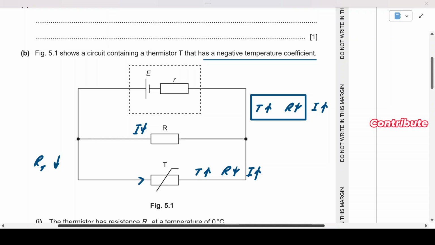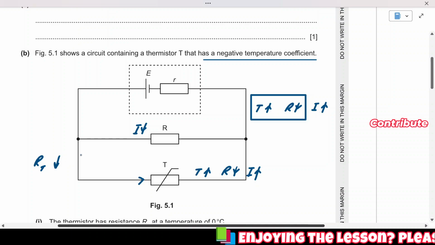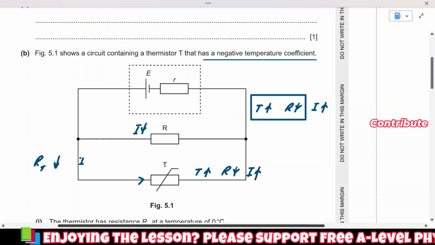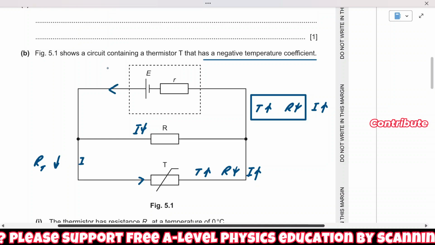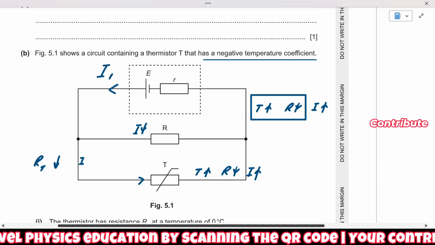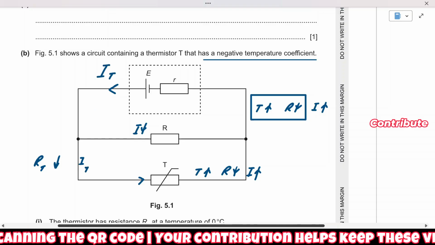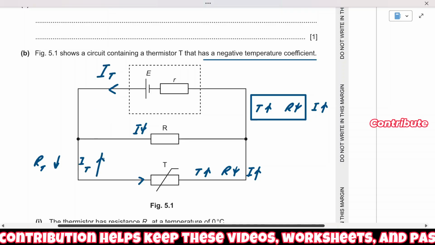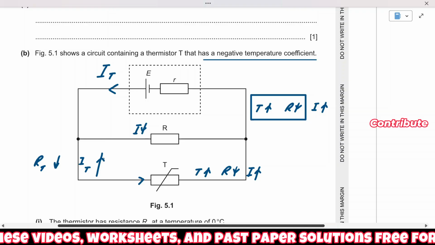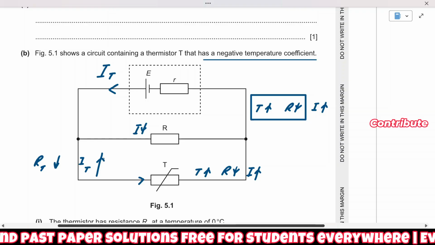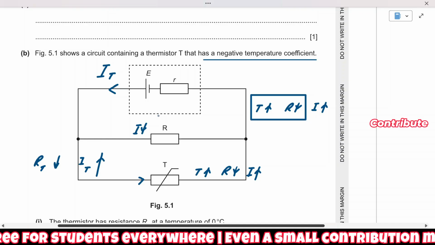It means the total current in the circuit, and I'm referring to this one now, the total current in the circuit will be increased.